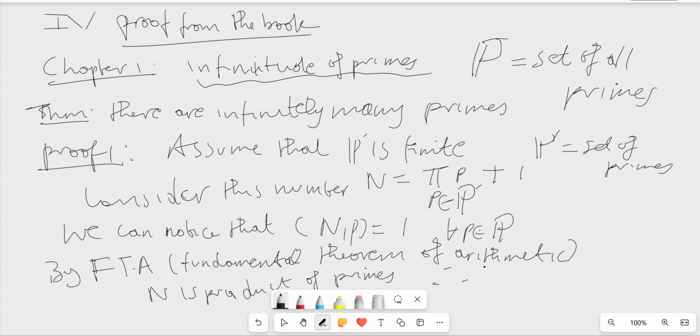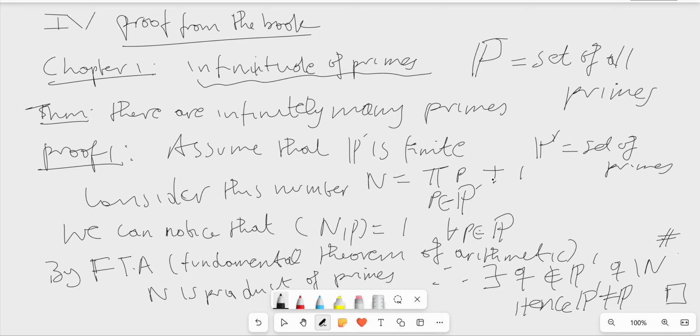Therefore, there exists a prime Q not in P. Hence, Q prime divides n. Hence, P is not the set of all primes. Or here I can say this is a contradiction. This is the first proof.